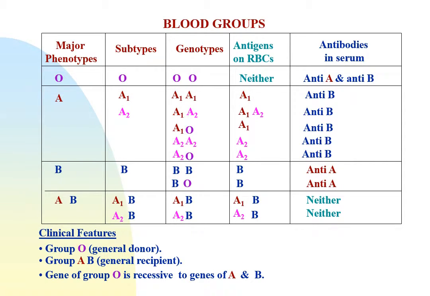Gene of group O is recessive to genes of group A or genes of group B. On the other hand, group A or group B are not dominant to each other. If the father is group A and the mother is group B, some of the offsprings are group AB. This is called codominance.